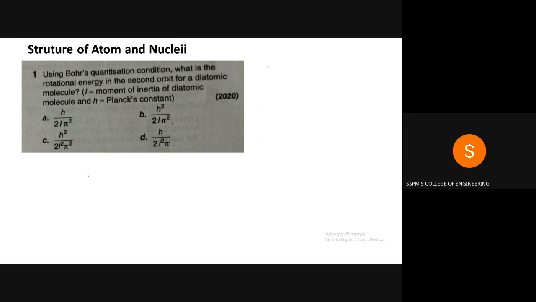So rotational energy equals 1/2 I omega square. ठीक है.